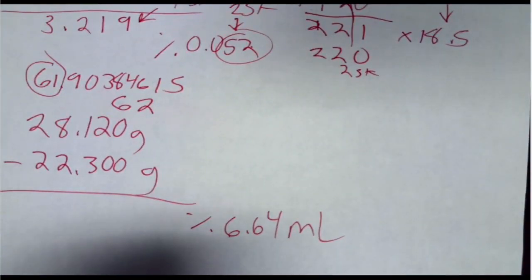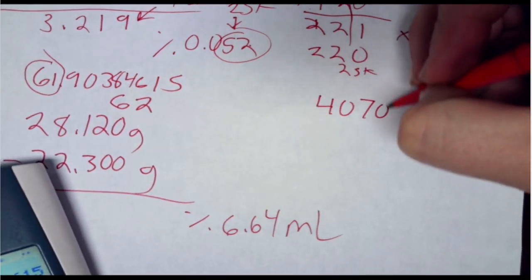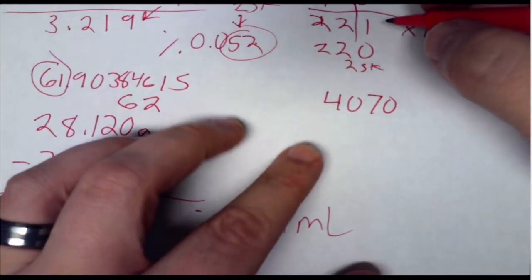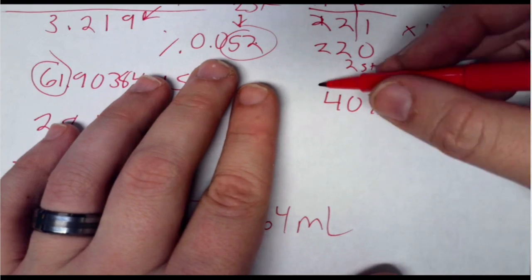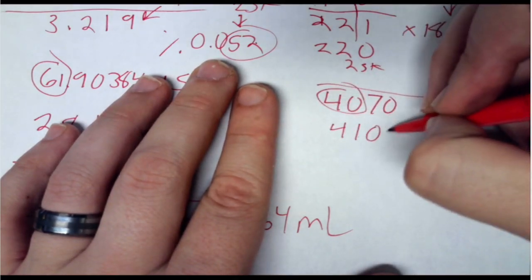So 220 times 18.5 comes to 4070, which rounds to 4100.